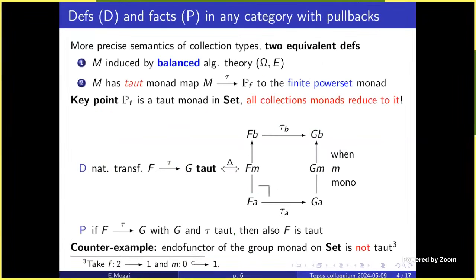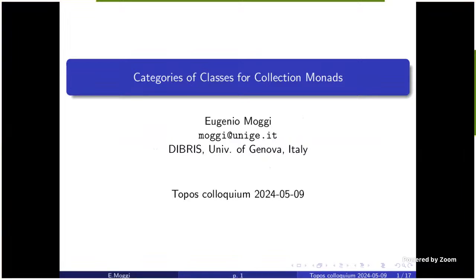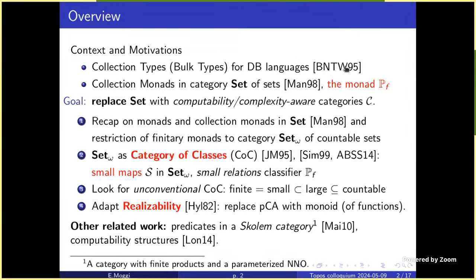Actually, the appropriate reference for databases is this paper by Buneman and others on bulk types. Of course, they don't use collection monads. They are just assuming that we have a monad, but then they start asking some additional properties, like the fact that equality of collections should be decidable, and therefore also equality on the data that you put in the collection should be decidable.